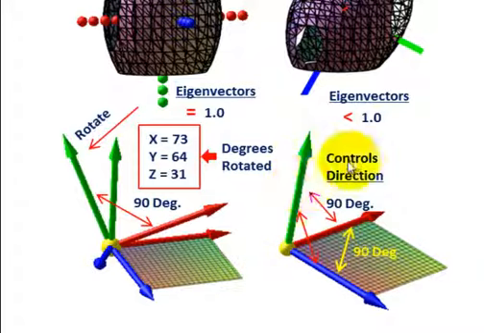And these eigenvectors really control the direction. But the point is, with our regular quadratic function, before we straighten it out, you can see they're always less than a unit of 1, like 0.5, 0.6, 0.7, and so forth.